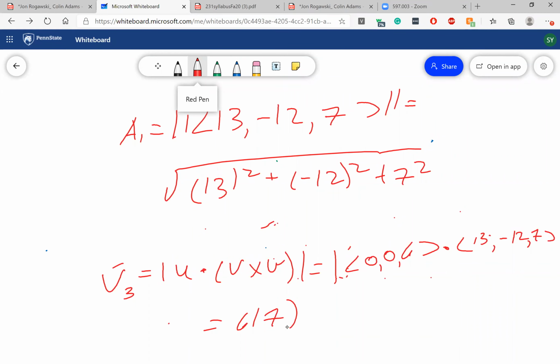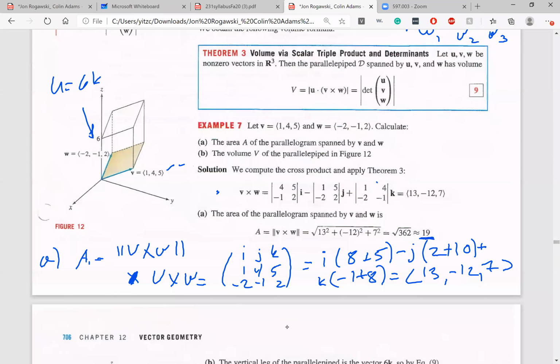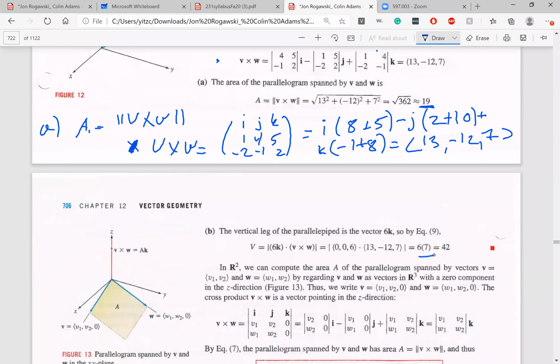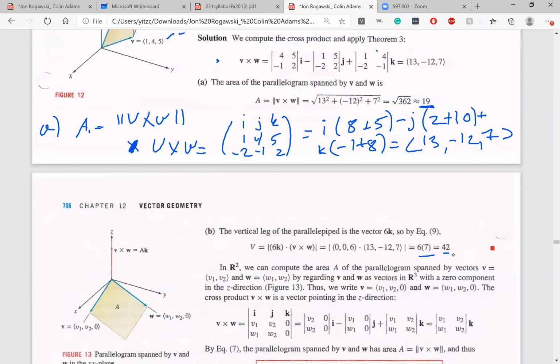So that's going to be the volume. 6 times 7 is 42. Okay, I think we're going to stop here for today.